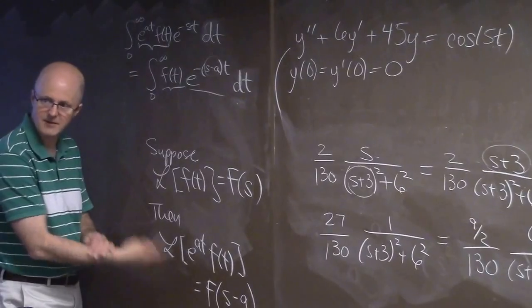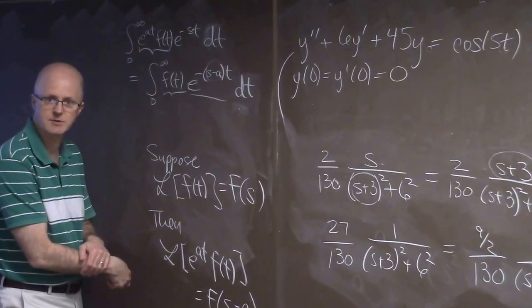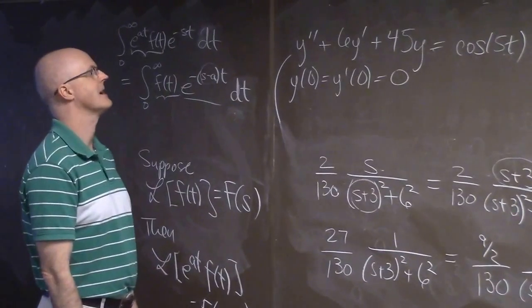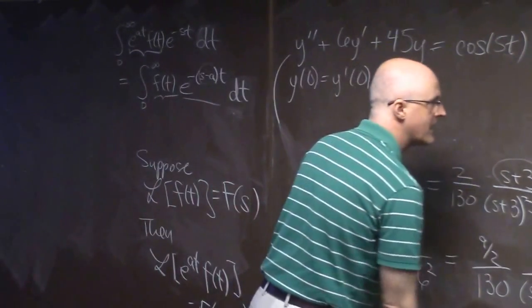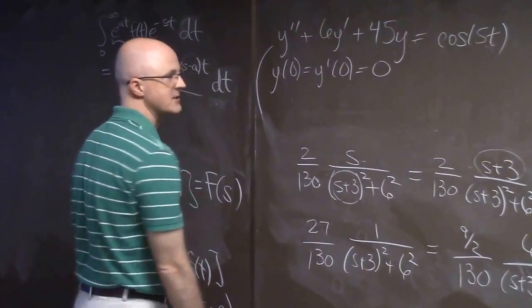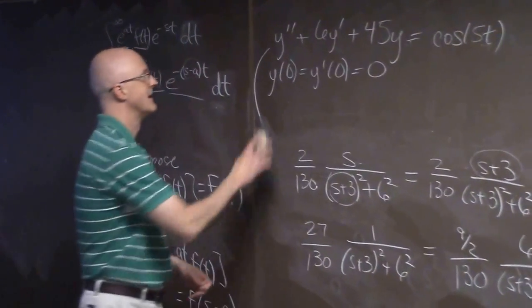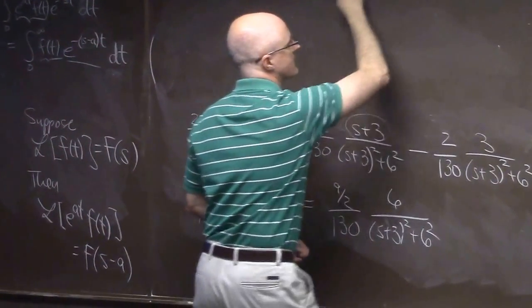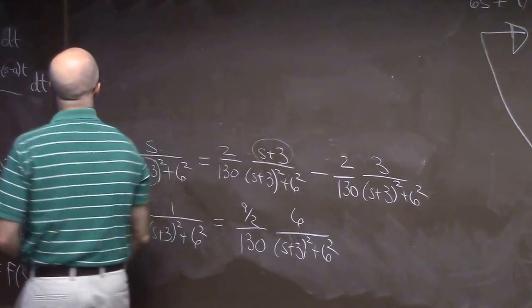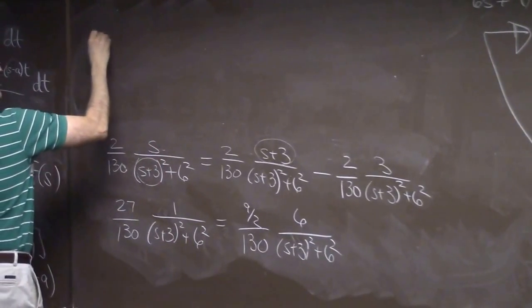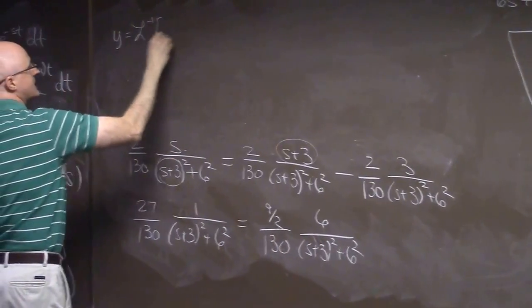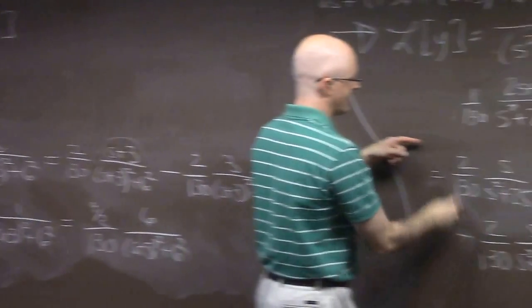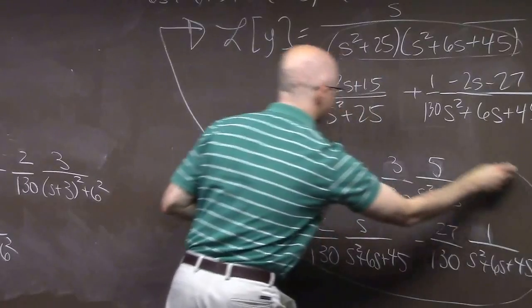Any equation like this can be thought of in terms of inverse Laplace transforms too. So what do we have here? Are we almost done? I think we can write down the answer now pretty quickly, actually. Erasing the differential equation. Y is the inverse Laplace transform of this whole thing here.